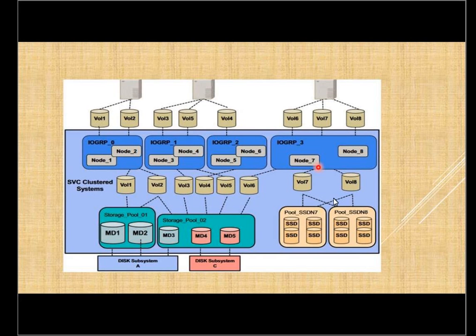As I discussed before, a single volume or a set of volumes that belongs to one IO group does not belong to another IO group. All the IO activity on that specific volume coming from the host will be taken care of by that IO group, and within that IO group by a single node.